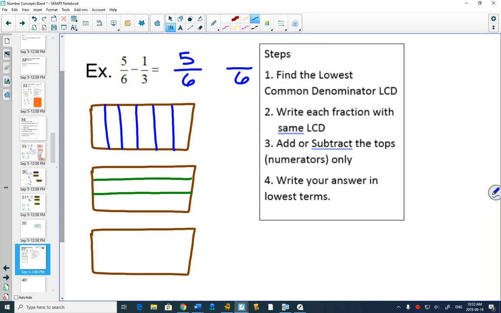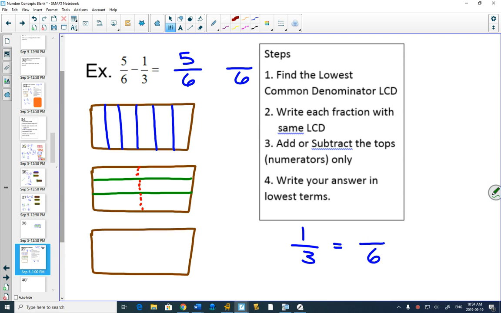How do we change 1/3 to be equal to something over 6? Well, we would have to cut each of our thirds in half. And then this piece is the same as this piece.